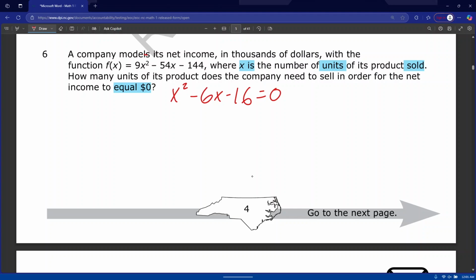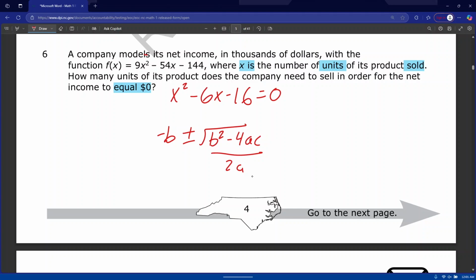So in a quadratic equation, and if you don't know what that is, or you might not remember, let me write it out for you. It's negative b plus or minus the square root of b squared minus 4ac, all divided by 2a. So what do a, b, and c represent?